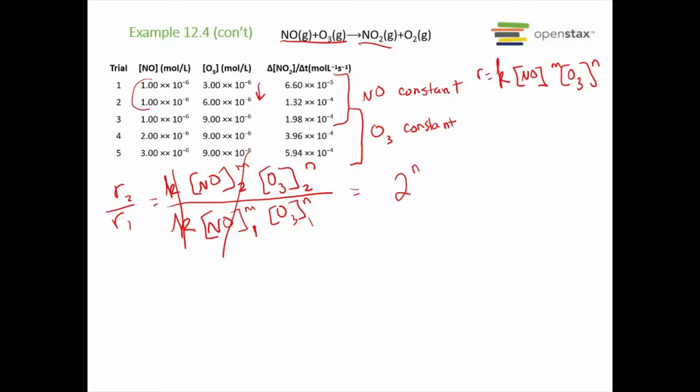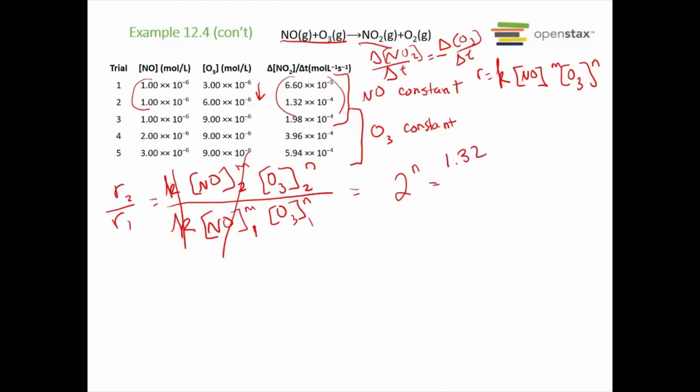So now if we look at this 2 to the n and we look at these relative rates, because we know, again, that delta NO2 over delta T, using stoichiometry, we know that this is the same as the rate of decay of ozone, delta ozone over delta T. So now we can look at these rates, since we know they're the same numbers.